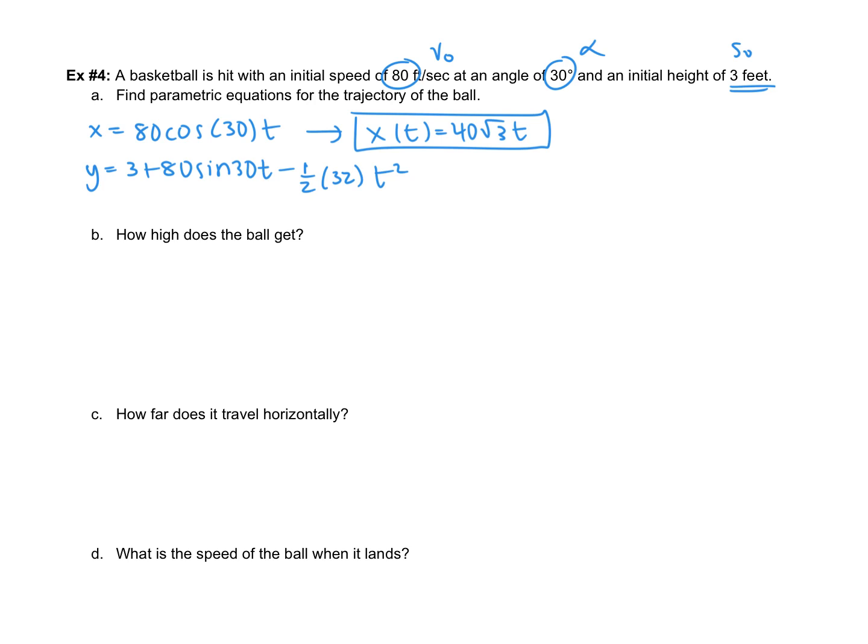Okay, so this 32, if you're a physics person, you probably know this. This g is 32 feet per second squared. And that's what we're mostly going to be using. So we get our y of t then to be 3 add 40t, subtract 16t squared.